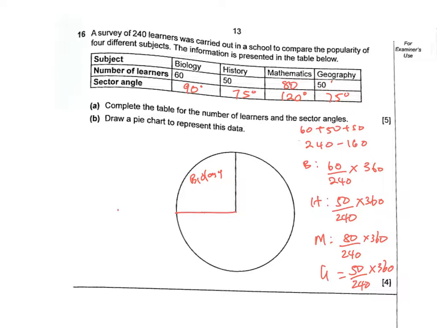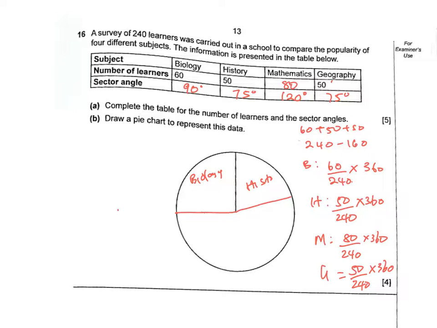So I have 75 somewhere here. Okay, and then I take my ruler and just join the 75 to the center. So it is somewhere here, and then that is history.